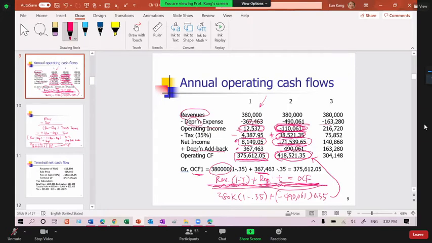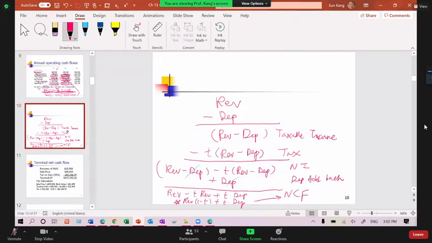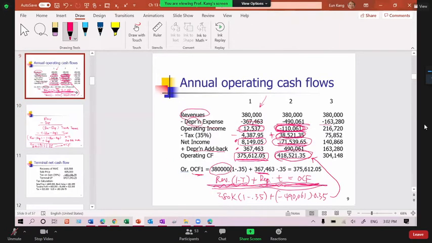As I showed you step by step, the final one, 375,612, is simply revenue times (1 minus t) plus depreciation times t, right? So now we don't have to go through the income statement way.